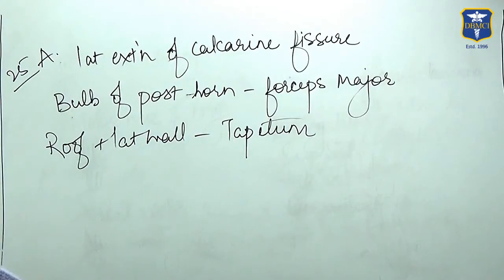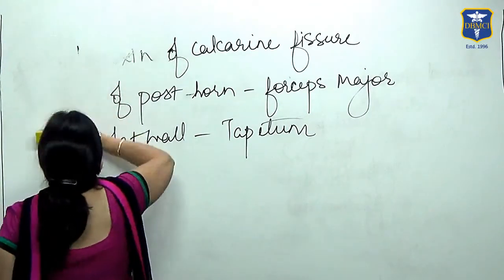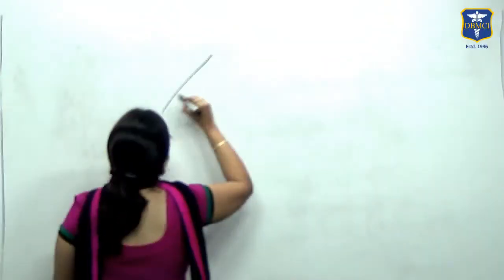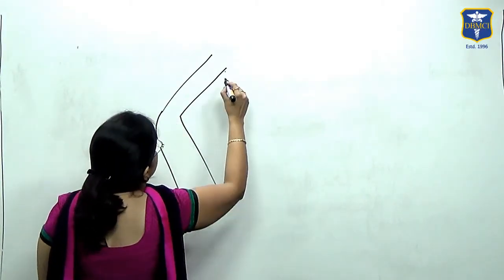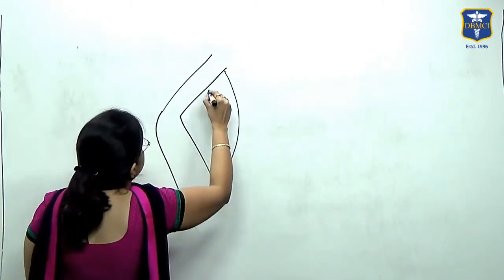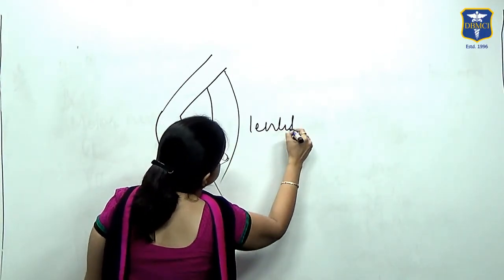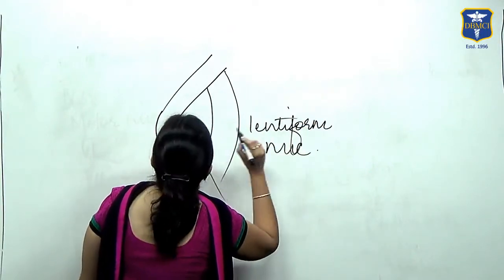Coming to the internal capsule, question 26, the answer is C. If you look at the internal capsule, laterally we have the lentiform nucleus.